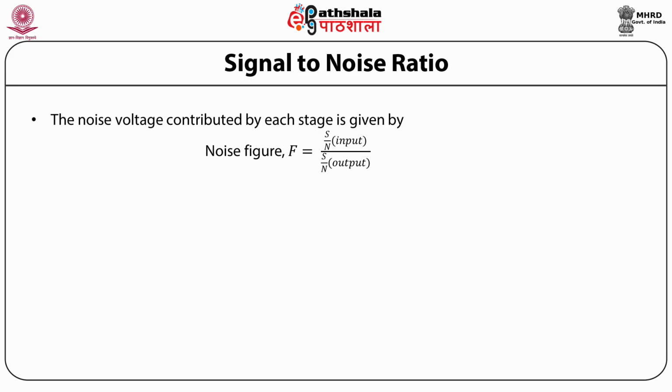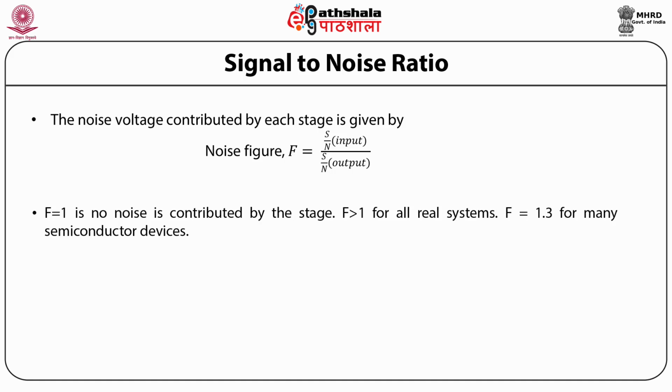The noise contributed by each stage is given by noise figure F equal to S by N input divided by S by N output. So when F is equal to 1, there is no noise contributed by the stage; F is greater than 1 for all real systems, and F is 1.3 for many semiconductor devices.